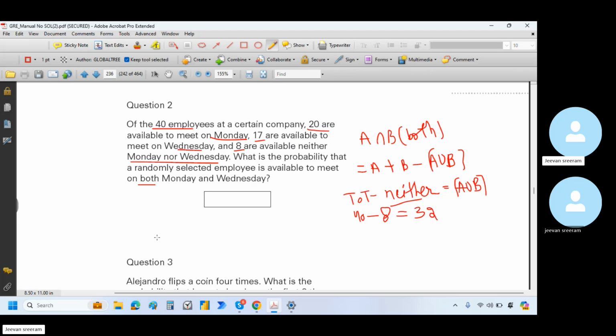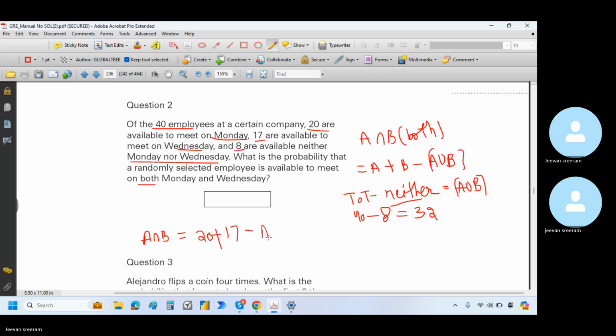So A intersection B is what we have to find. A intersection B is equal to A, available on Monday, that is 20, and then B, available on Wednesday, 17.